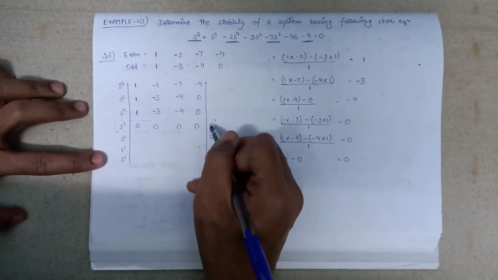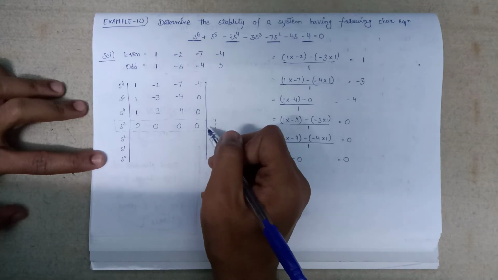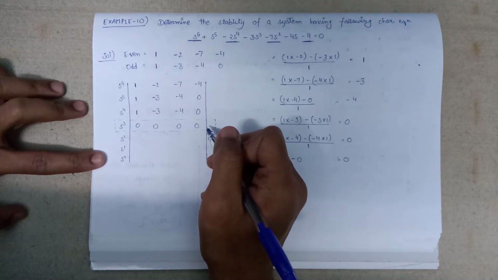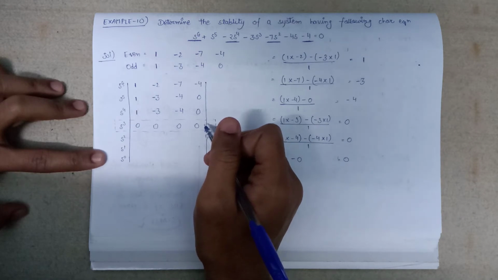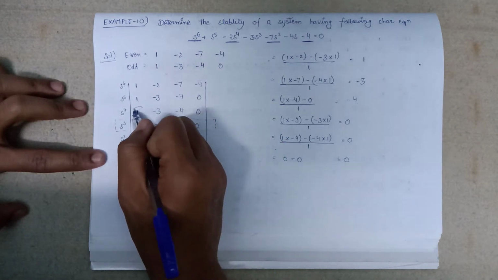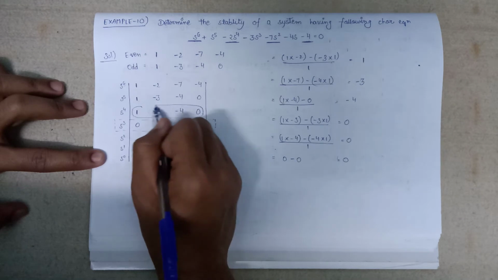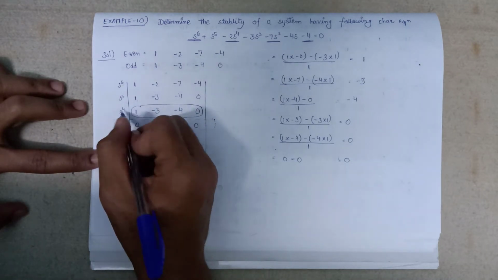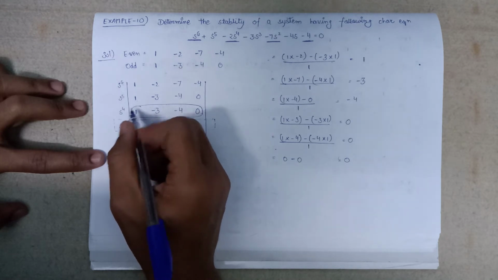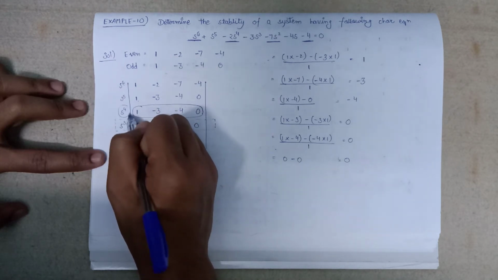To solve this Routh array, we have to form the auxiliary equation. The coefficients that help in forming the auxiliary equation are the ones in the row above. The highest power of s in the auxiliary equation will be s to the power 4.